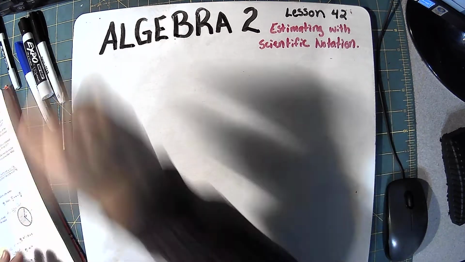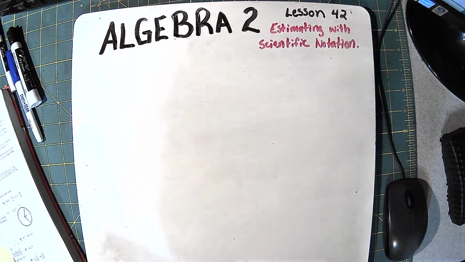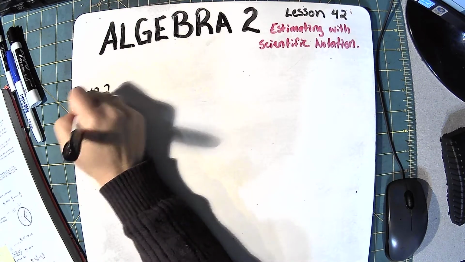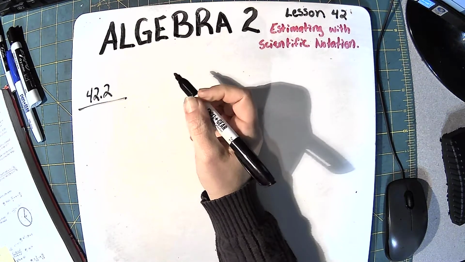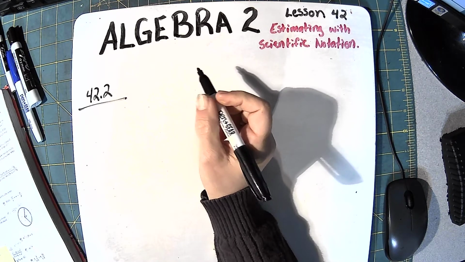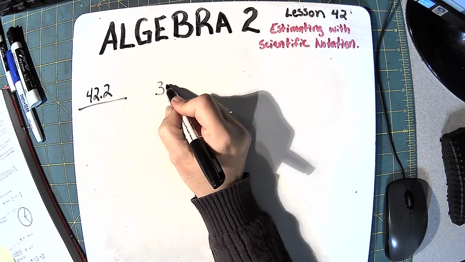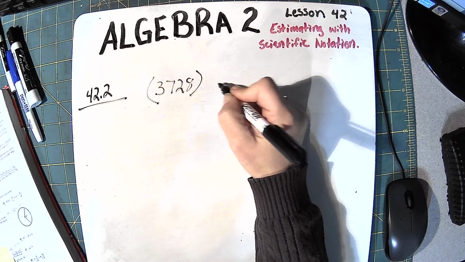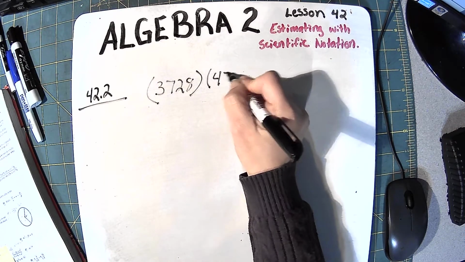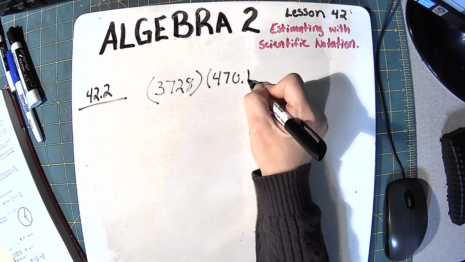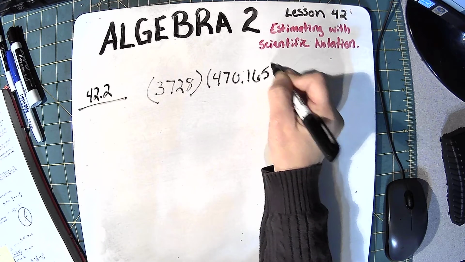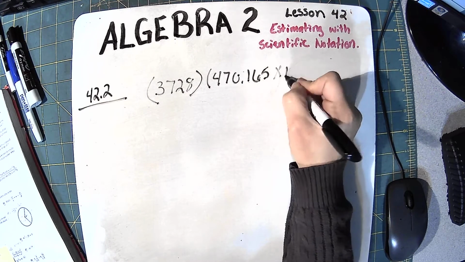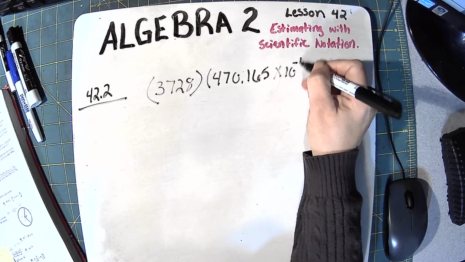All right, let's try another one. 42.2. Use scientific notation to estimate this problem. So we've got 3,728 times 470,165 times 10 to the negative 14th.